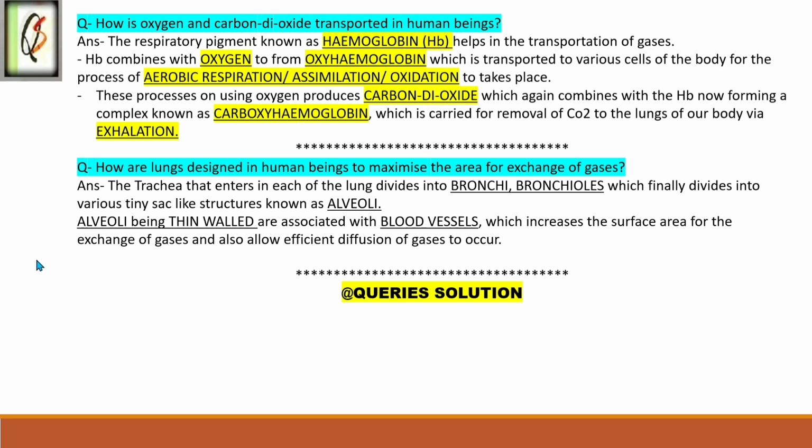So what is actually helping in this exchange? The alveoli in your lung, being associated with blood vessels, increase the surface area for the exchange of gases, whether oxygen or CO2, and allow efficient diffusion of the gases to take place, and thus by exhalation or inhalation these gases are either taken in or taken out.